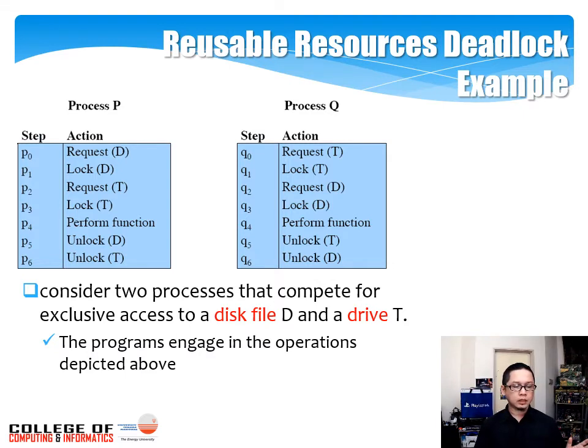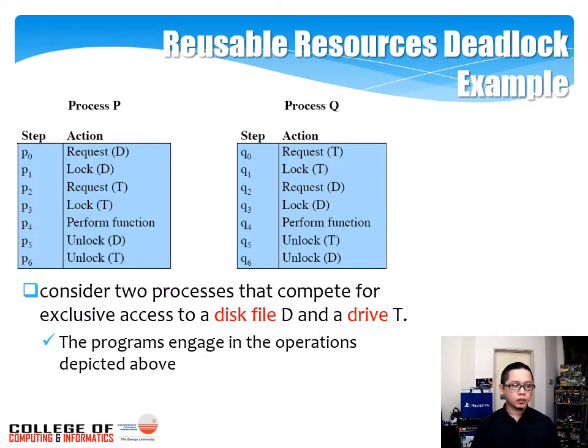P0 until P6 represent the instructions for process P, while Q0 until Q6 represent the instructions being executed by process Q. Notice here, process P is requesting D and locking D, while process Q is requesting T and locking T. So what happens next?